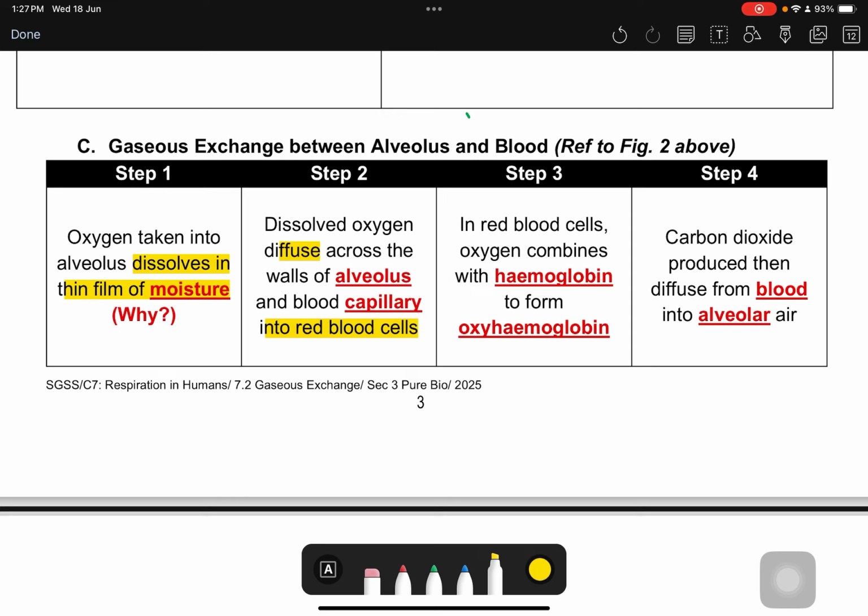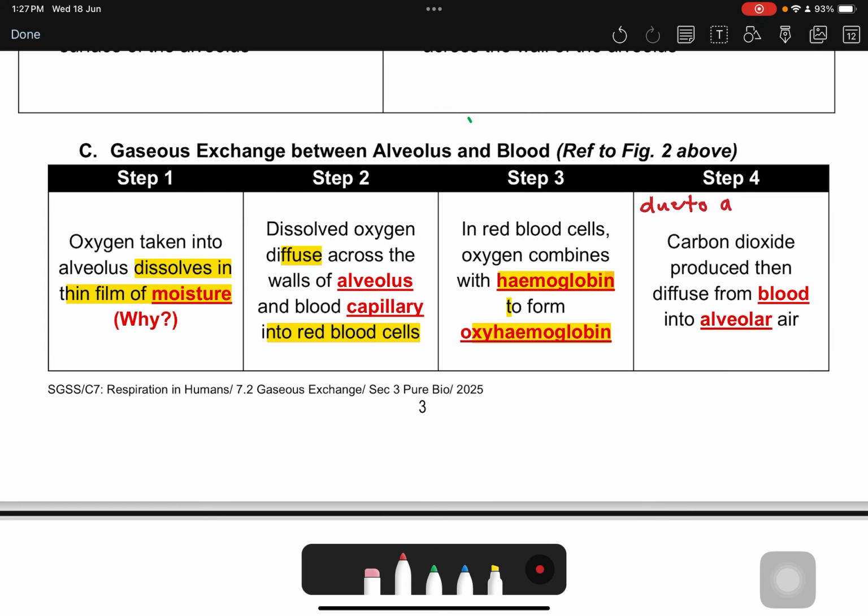And then in red blood cells, it will combine with hemoglobin to form oxyhemoglobin, and due to aerobic respiration, carbon dioxide is being produced that will diffuse into the alveolar air and be expelled when we breathe out.